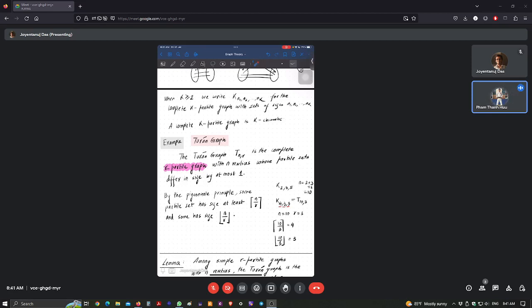In a more general sense, if we have r partitions, so it is K of n1, n2 up to nr, and if I take any ni and nj, for any i and j between 1 and r, the difference between the sizes of the partitions will be less than or equal to 1.